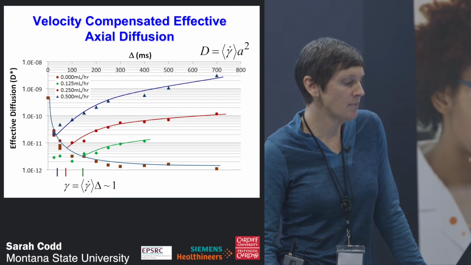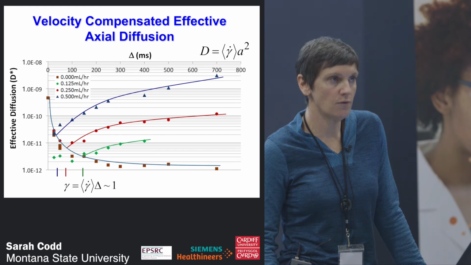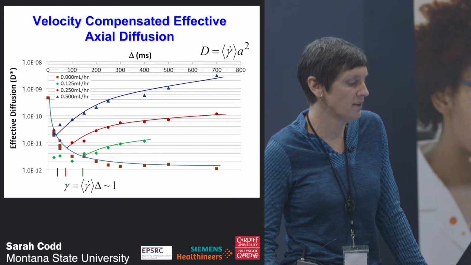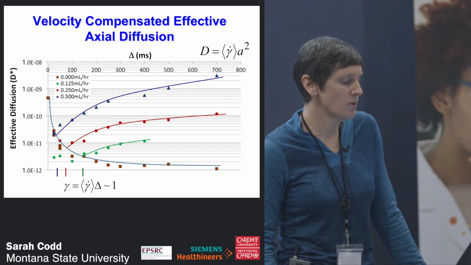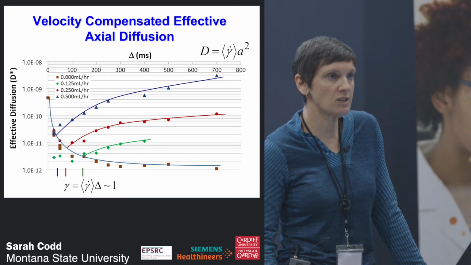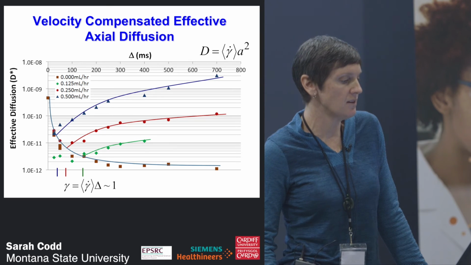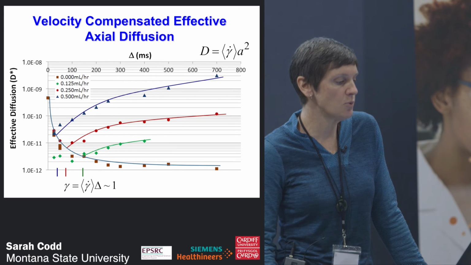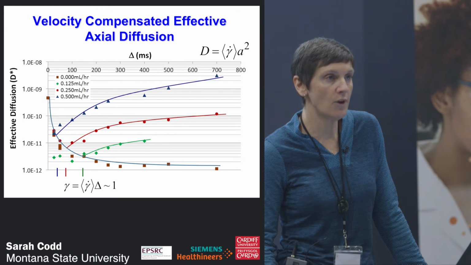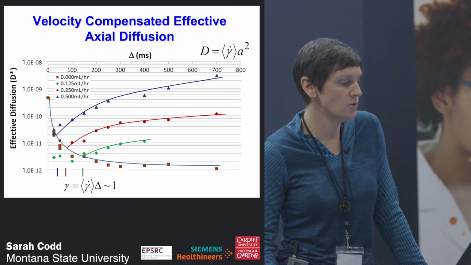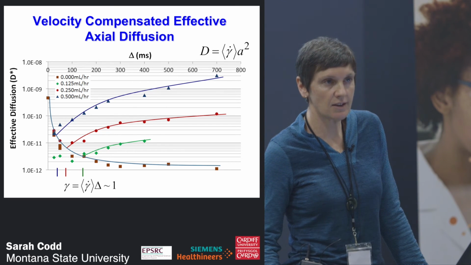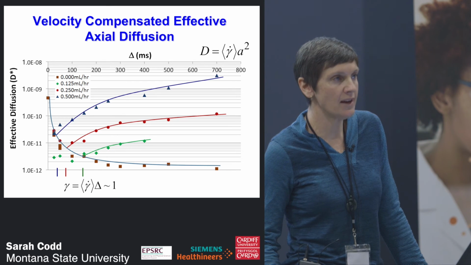Looking at just the first moment of that propagator, molecules initially show restricted diffusion because the oil molecules are trapped inside the colloidal particles, but at a certain point in time, depending on the flow rate, those molecules essentially escape their cage and move out.